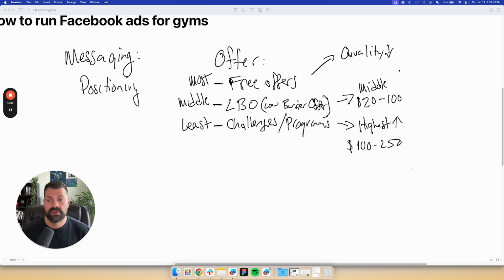Okay. So, for example, let's say that you get 50 low barrier offer trials sold for only $20. Let's just go on the lowest end, right? So $20, 50 people come in, they pay you, and so you make a little bit of money on the front end, right? Let's say that for the challenge, instead of 50, you only sign up 20.